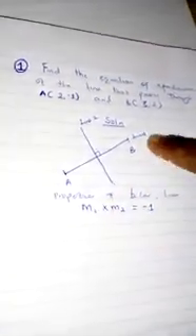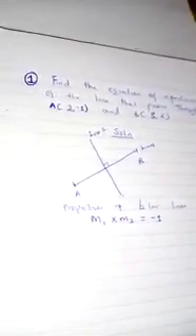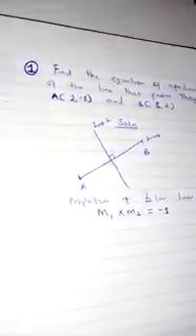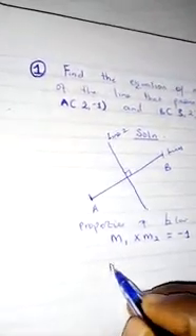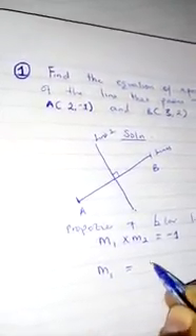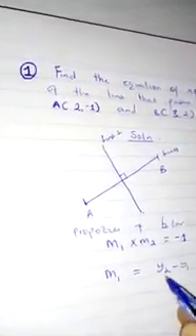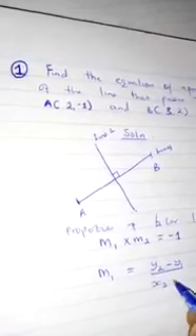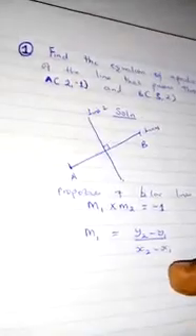M1 will be for line 1, and we are able to get M1. If we need M1, it will be equal to Y2 minus Y1 over X2 minus X1, change in Y over change in X.